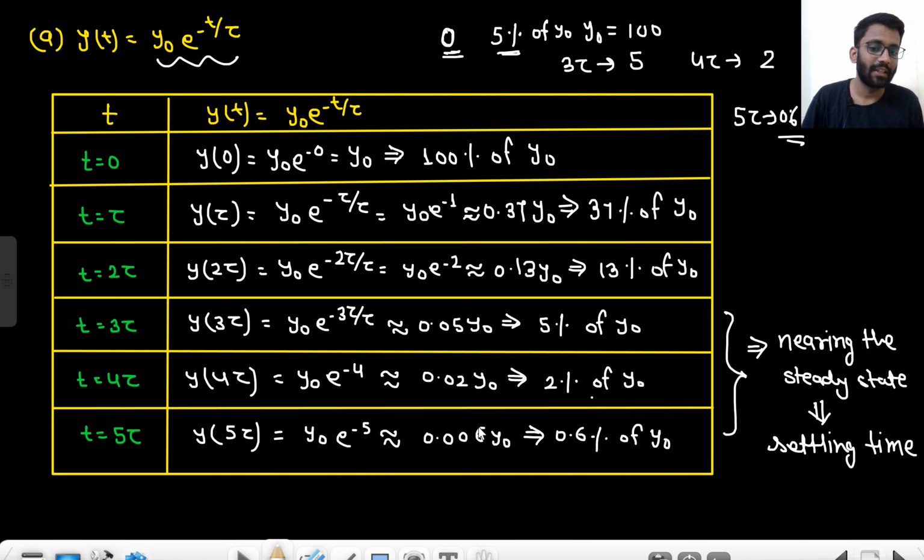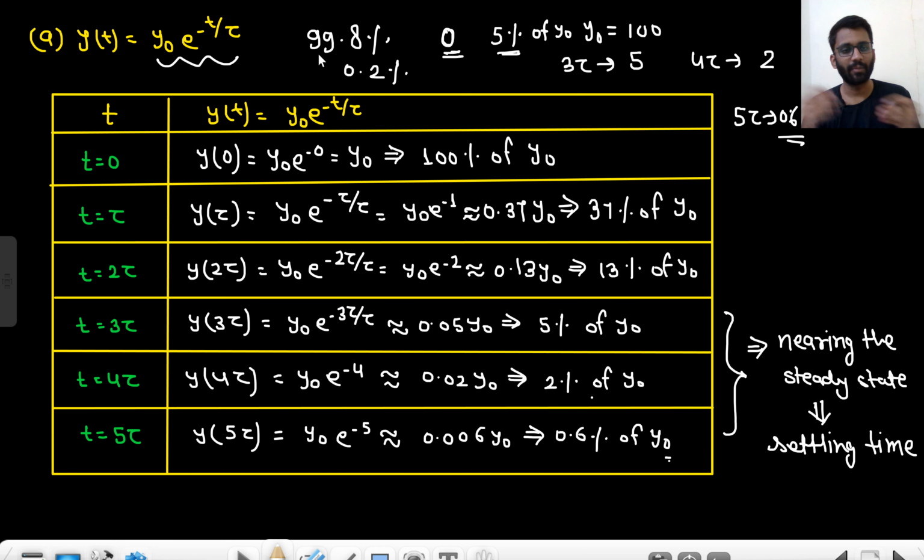If he wants 99.4% accuracy, it will be 5 tau. If he wants 99.8% accuracy, it will be greater than 5 tau, because he can only have an error of 0.2%, while here you have an error of 0.6%.